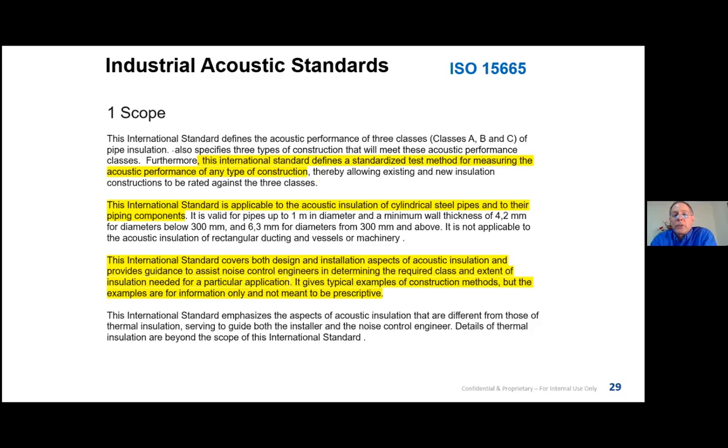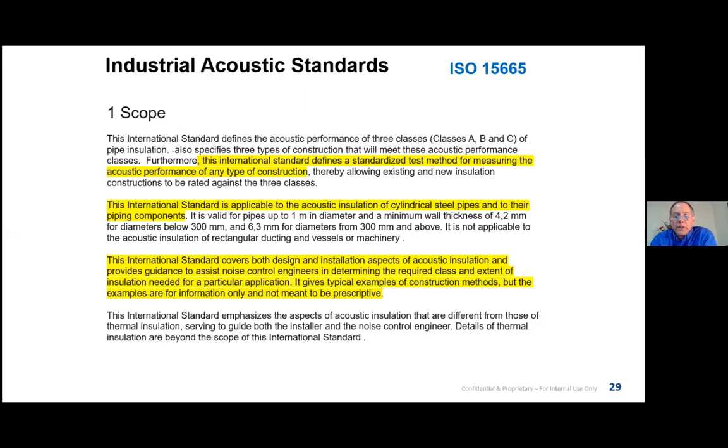The standard only applies to acoustic insulation of cylindrical steel pipes and the piping components attached to them. And then one of the most important aspects of this is that the standard covers both the design and installation aspects of different acoustic insulation systems and the ratings that can be applied to them.